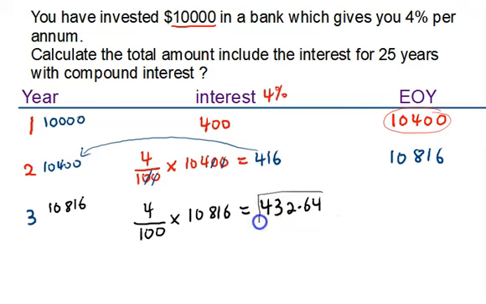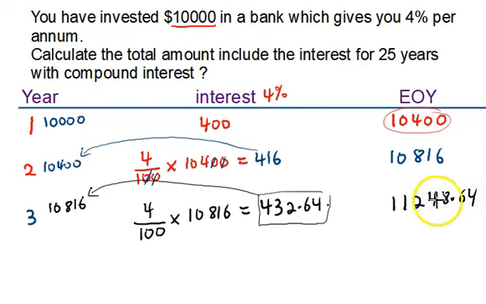This is your interest for your third year, which I will then add to your model here, and I'll be getting 11,248.64.